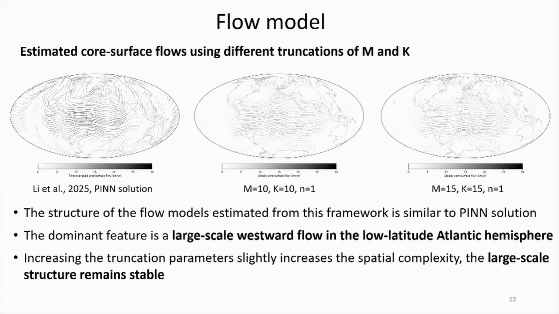We can see very similar structure. The dominant feature of the flow is a large-scale westward flow in the low latitude Atlantic hemisphere. From the right two panels, we increase the truncation parameter, but we do not see a significant difference.